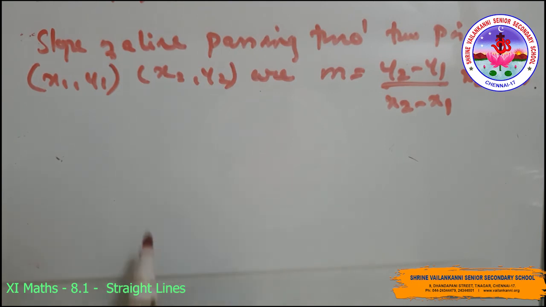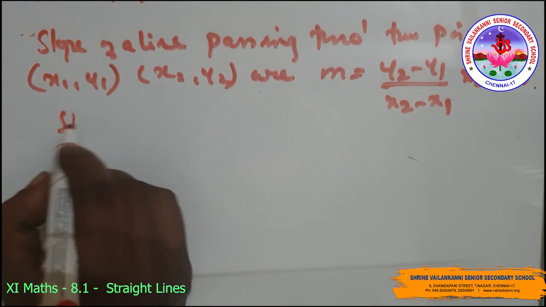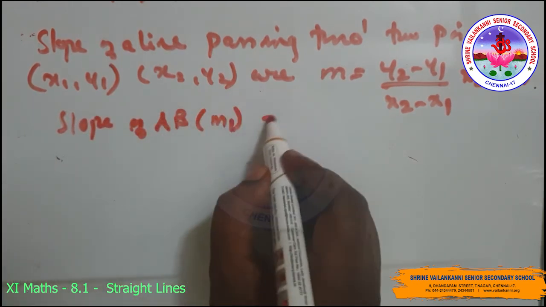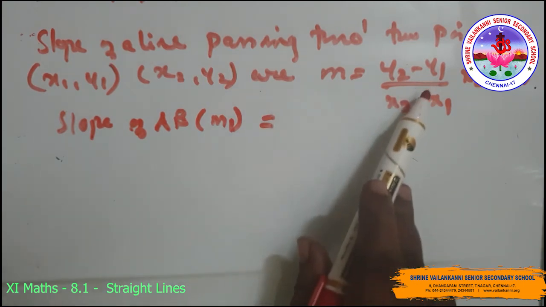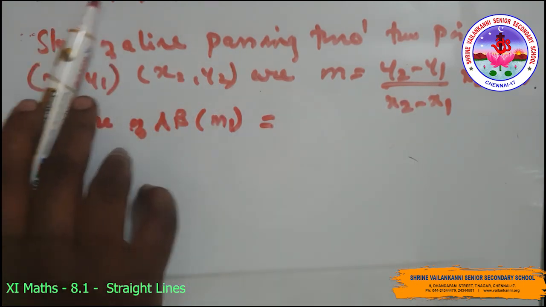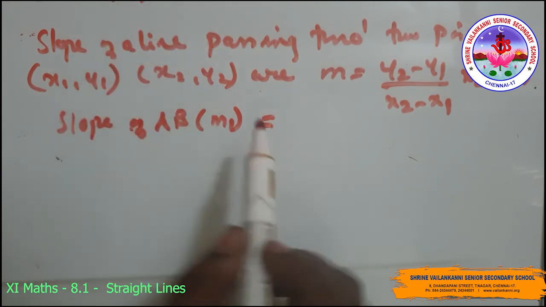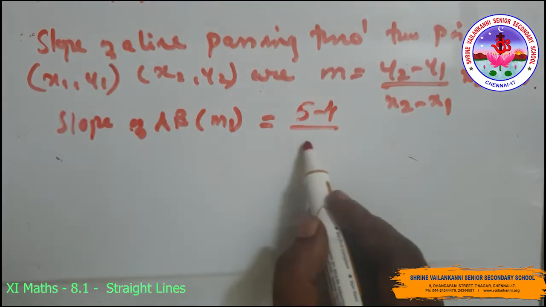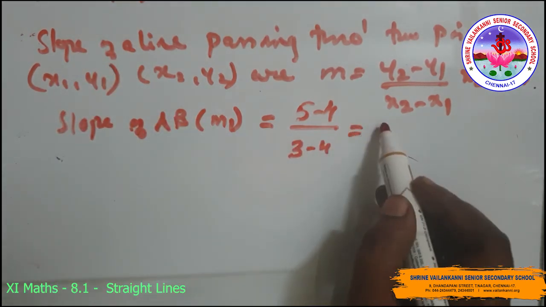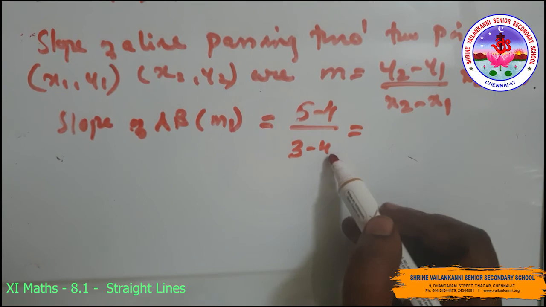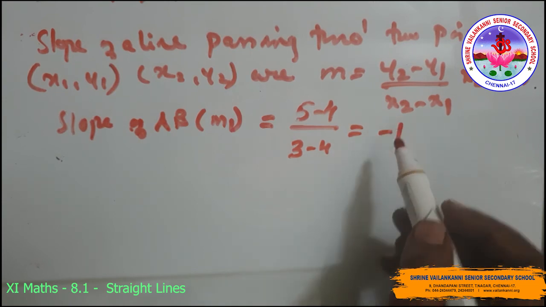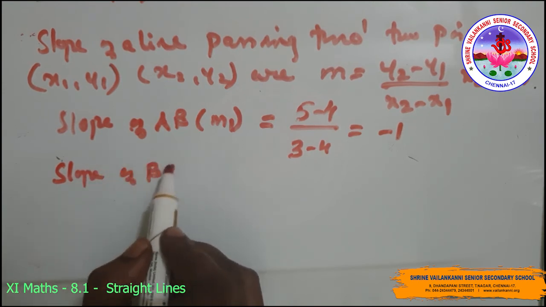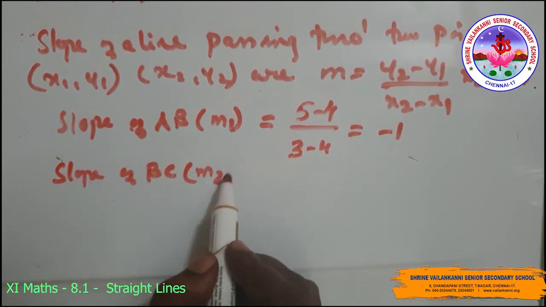So slope of AB, we take it as M1. Using the formula (y2 - y1)/(x2 - x1), slope of AB is (5 - 4)/(3 - 4). So we get 1 by 3 minus 4, which is -1. Then slope of BC, take it as M2.